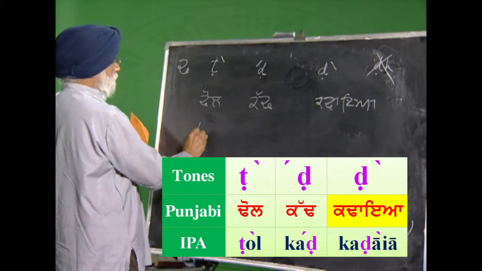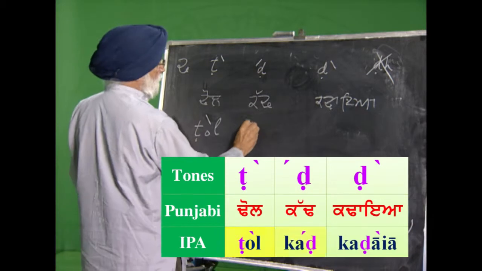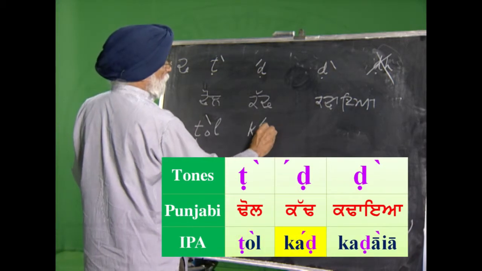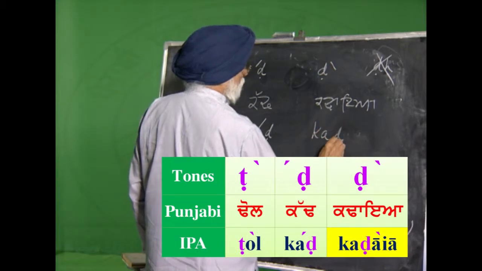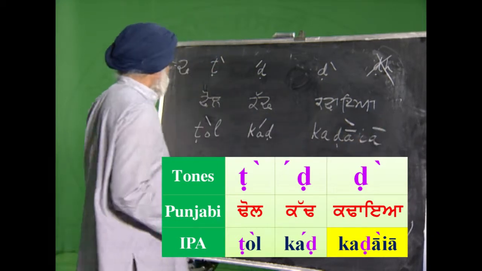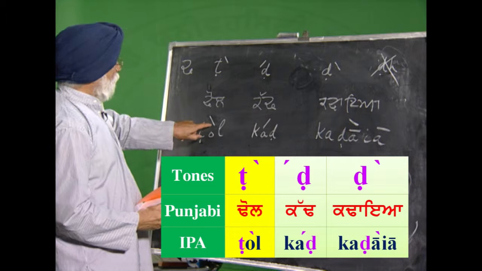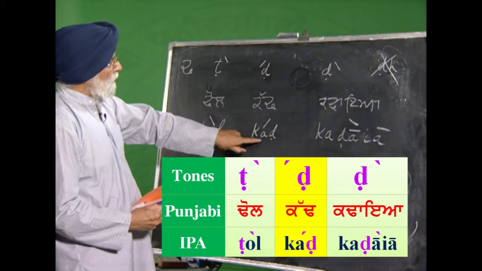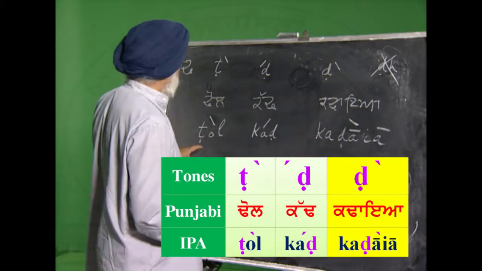You see, this is toll, this is cud, this is kadaya. See, same pattern, ta followed by low tone, high tone and da followed by low tone.